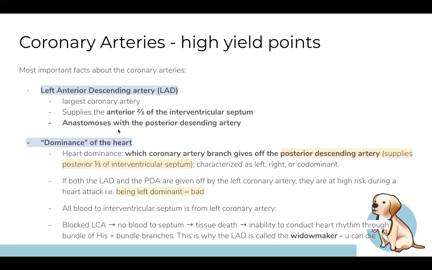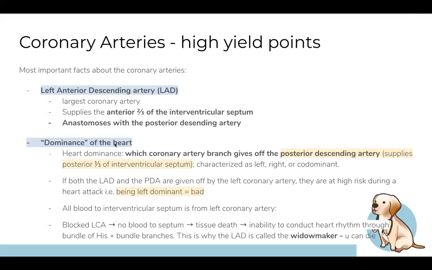So if you imagine the heart, the LAD comes down this side and does the anterior side, and then it connects with the posterior descending artery, and they form a full loop around the heart. And then, as I mentioned, your posterior descending artery supplies the posterior 1/3 of the interventricular septum.